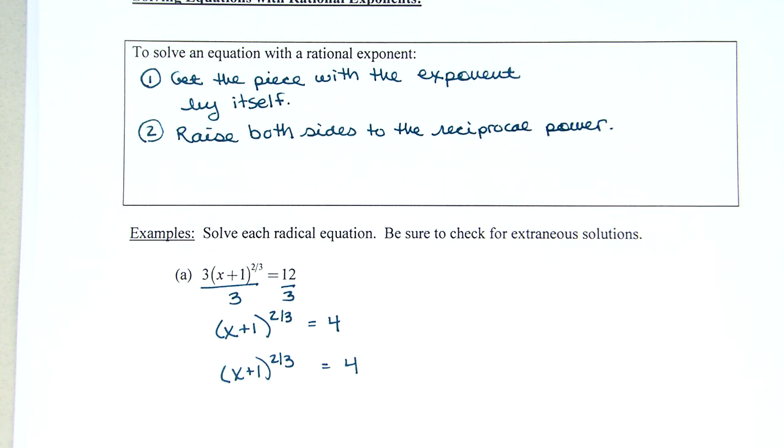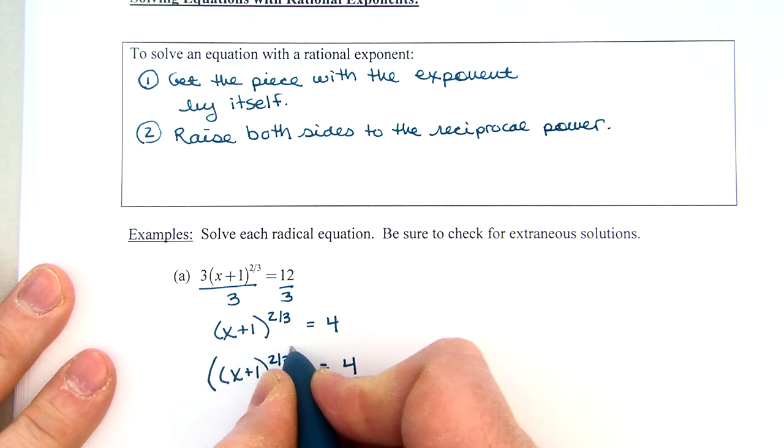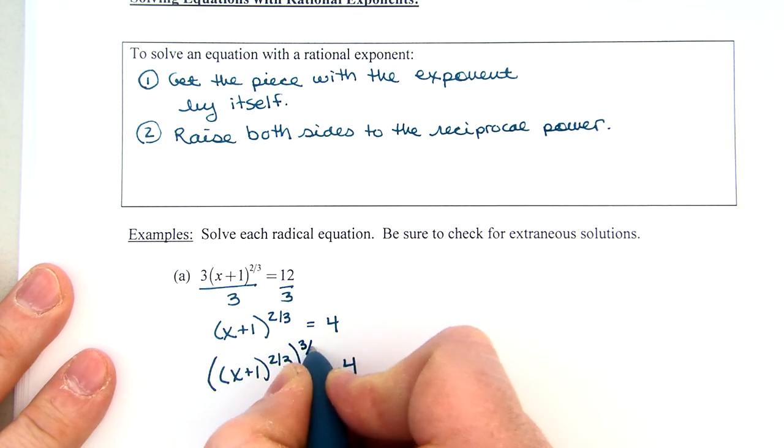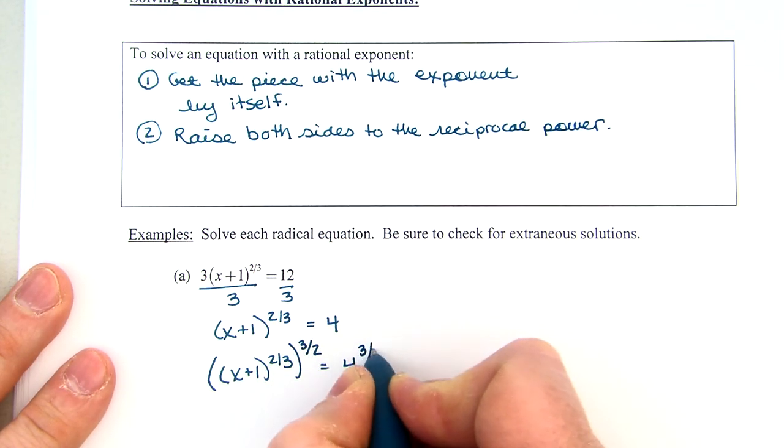I haven't done anything yet. The reciprocal of 2/3, flip it, you get 3/2. I'm going to raise this side to the 3/2, and I'm going to raise this side to the 3/2.